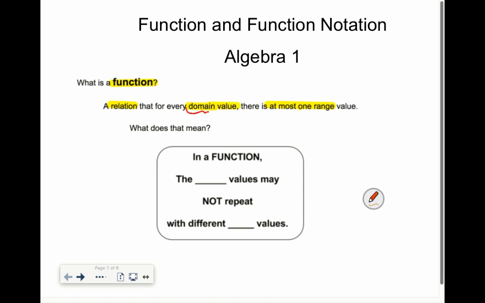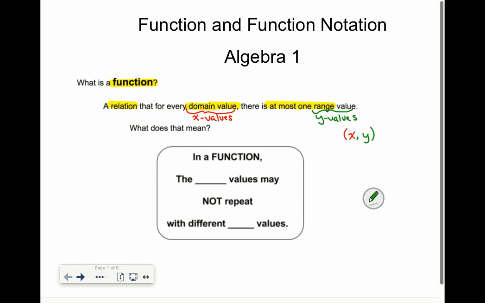The domain values represent the x values of a coordinate point, and the range values are your y values, the output of a coordinate point. And just to remind you, a coordinate point is x, comma, y.